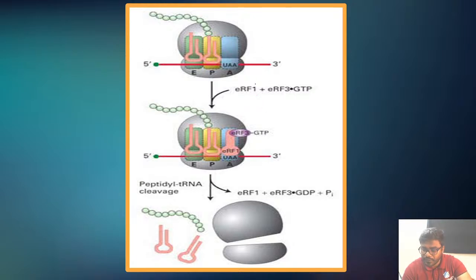What I said, friends, is that there are only two types of termination factors. One we call eRF1, another one we call eRF3 GTP. Everyone pay attention and look into the diagram. How does eRF1 look? This is the simple structure of eRF1, which looks exactly like a tRNA. You can see that picture, friends.